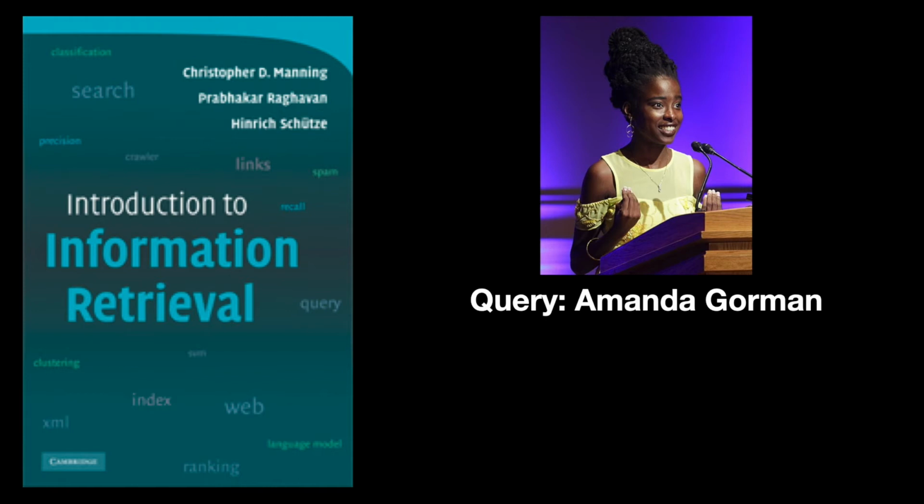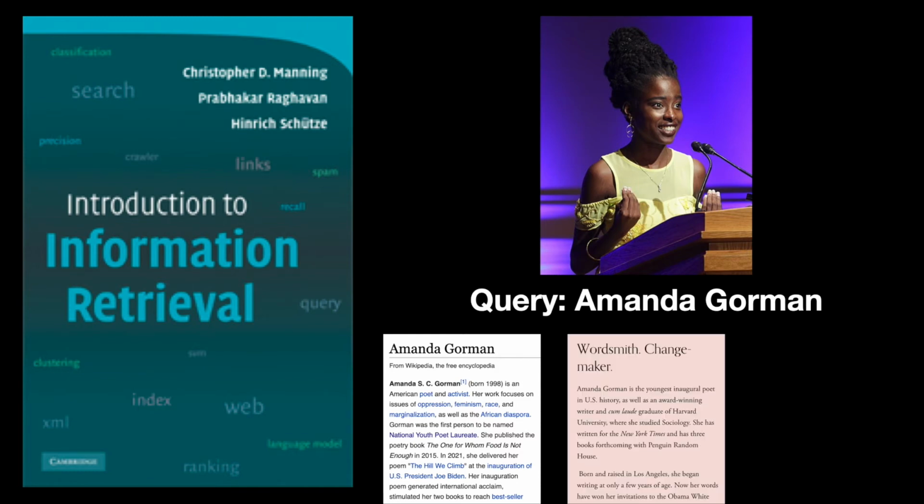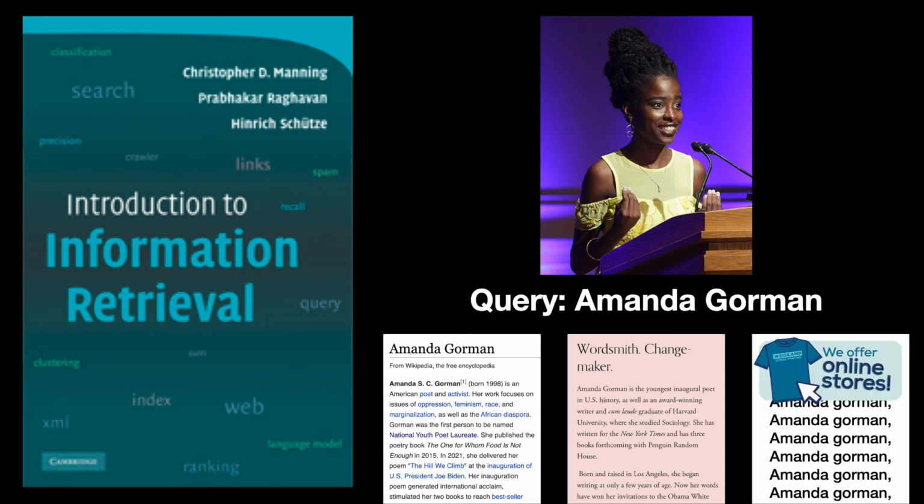The general idea is that you provide some query, like say you want to find websites about Amanda Gorman, the Youth Poet Laureate in the United States, and you might search for websites that contain her name. Naturally, you might find the Wikipedia page for her, or her website. But if you were only looking for pages that had the words Amanda and Gorman in them, you might also find something like web stores that sell t-shirts.